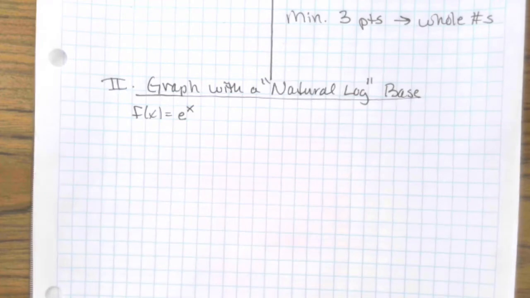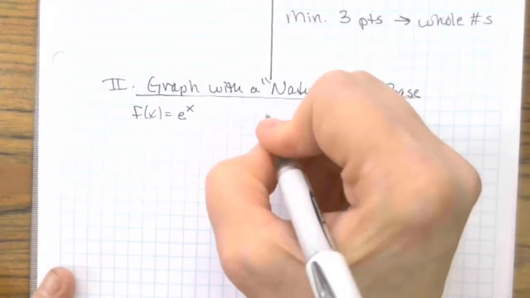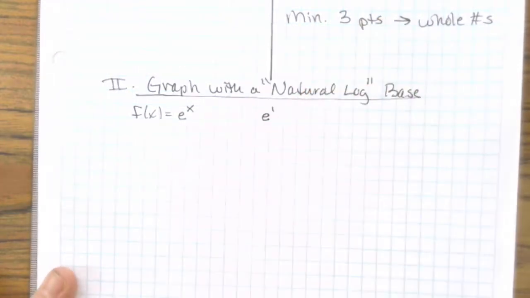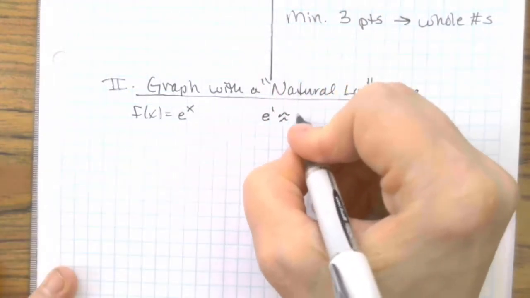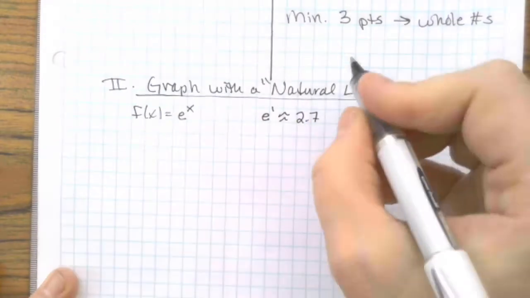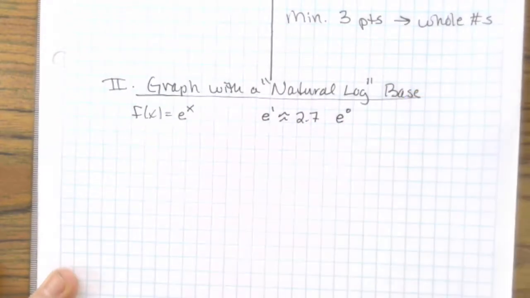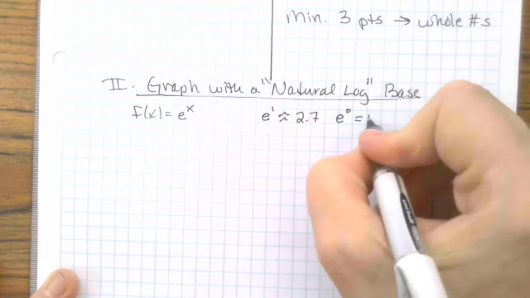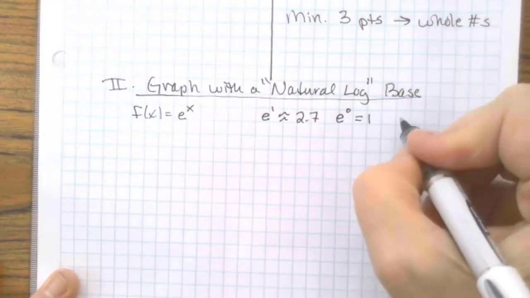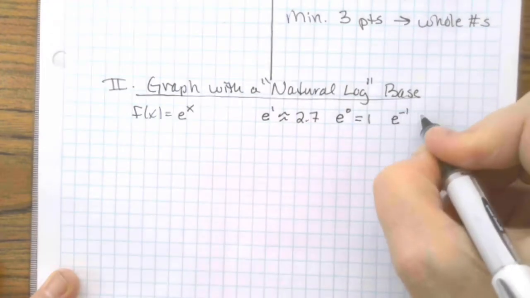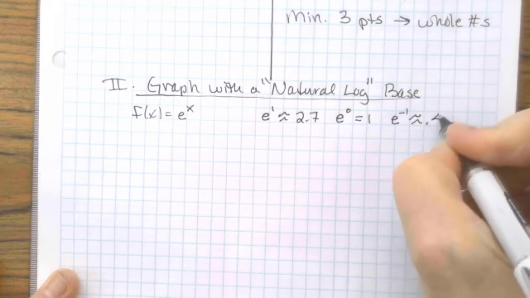For the sake of graphing, if you don't have a calculator, there are a few values of e that come in really handy. e to the power of 1 by itself can be rounded to 2.7. Of course, anything to the power of 0 equals 1. That's your hole-in-one winner. And e to the negative 1 is about 0.4.